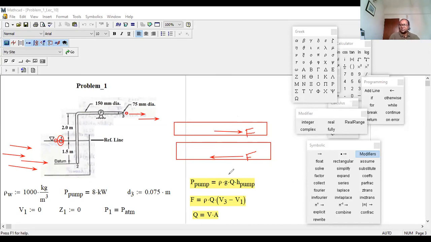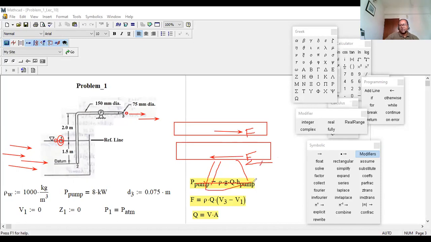But if there is no support, then the pipe will move along this direction. So in the support, you have to put a reaction, and that reaction will be in the opposite direction.